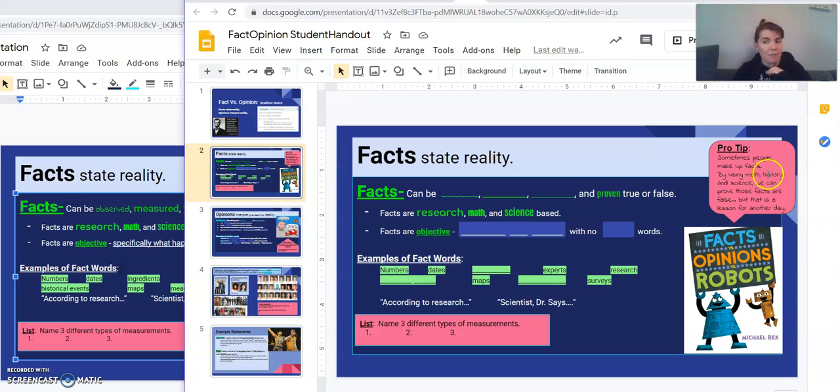But by using math, history, and science, we can prove whether those facts are true or false. But that's a lesson for another day. But it's just part of getting out of your head that fact does not mean true. It means it is observable, measurable, or verifiable in some way.